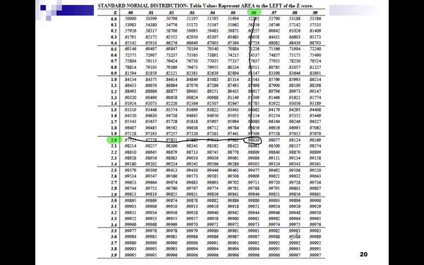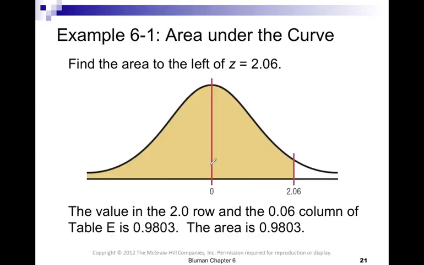And again, that's the area to the left of the z-score. So when we go back, we see that it is 0.9803 when we have 2.06. So that's how you find these. You go across from one side, down from the other, and you read the area under the curve. That's what that table tells you.